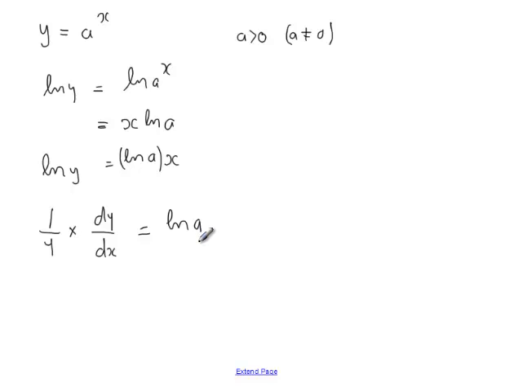Do you all understand? The derivative here is ln a. Do you understand or not? Guys, I'm talking to you. If you don't understand, say no. If you understand, say yes. I'm not hearing anyone talking. If you don't get it, you don't understand that this is a number. Can you differentiate this?